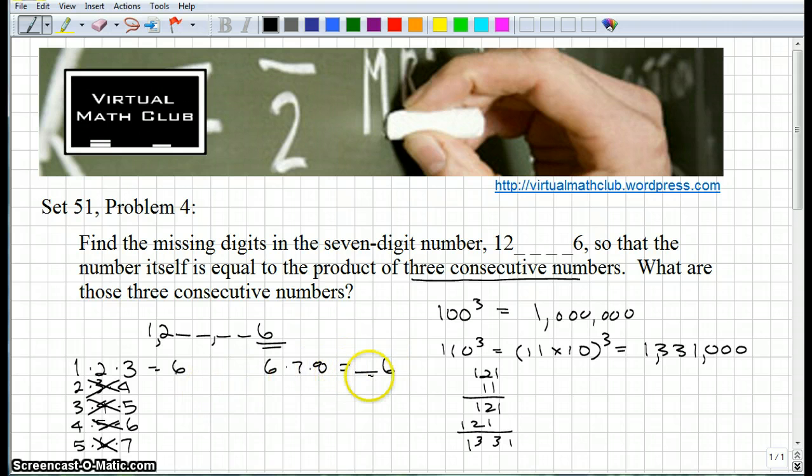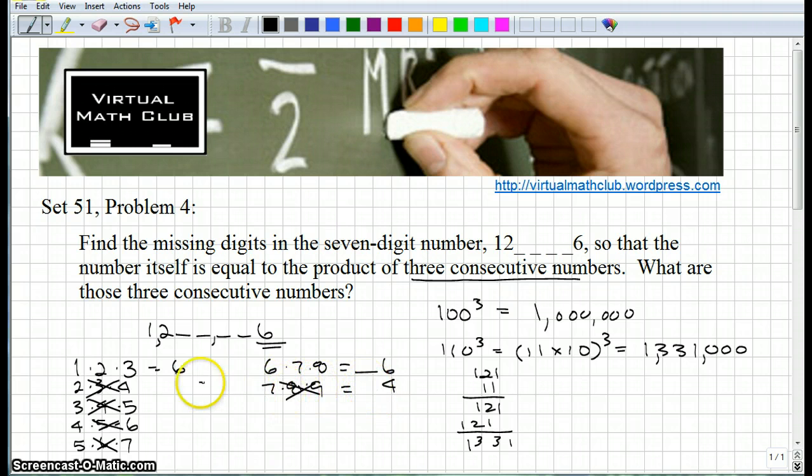I don't have to calculate the whole thing out, at least not yet. I just want to narrow down which ones will end in a 6. And then I think we just have one more: 7 times 8 times 9. That's 56 times 9, which ends in a 4, so that is not going to work.